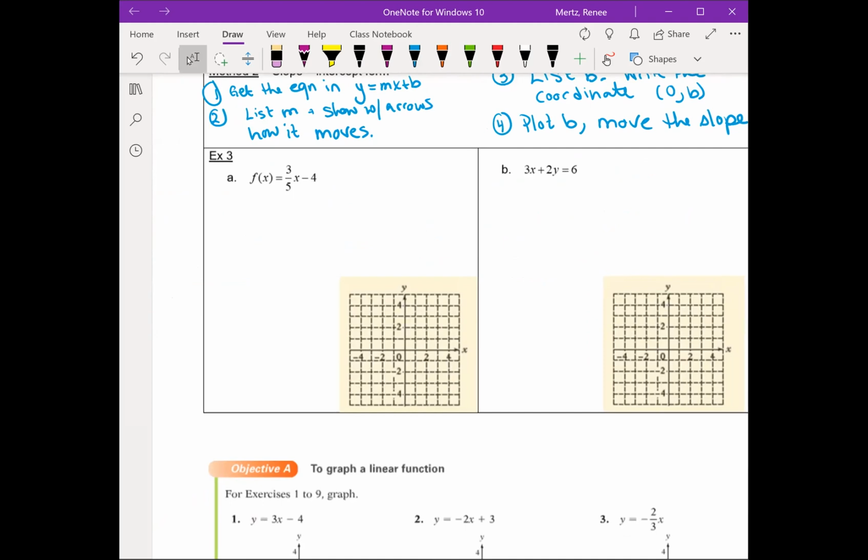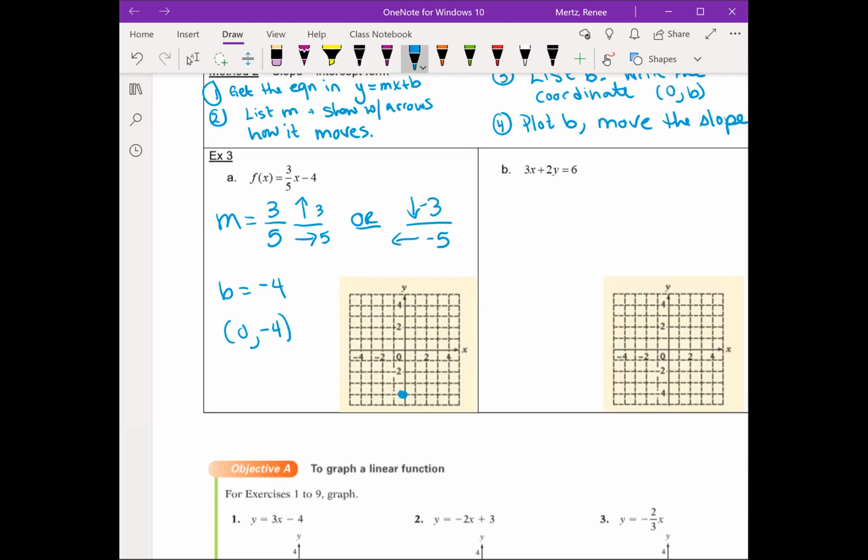So luckily, example 3 is already in the right format. So m equals 3/5. That means I can move up and right. So up 3, right 5. Or we reverse that. Down 3 for -3, left 5 for -5. B equals -4. So 0, -4 is where I begin.